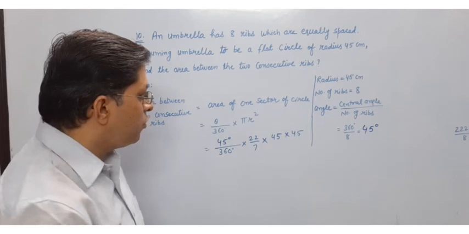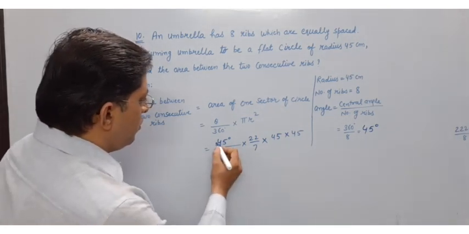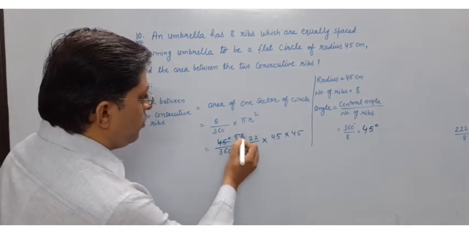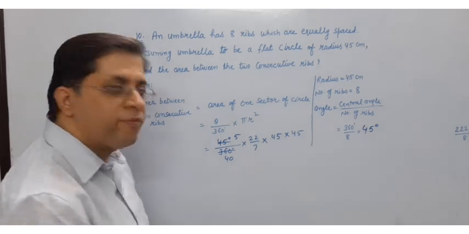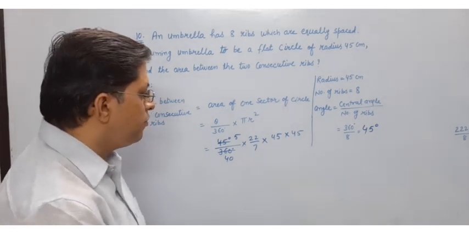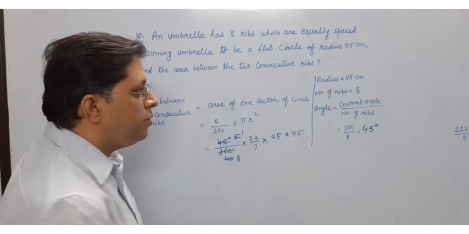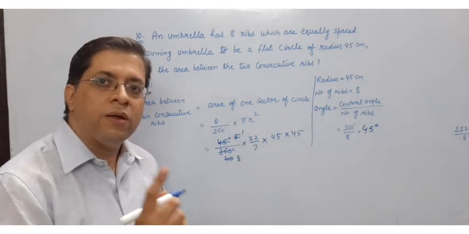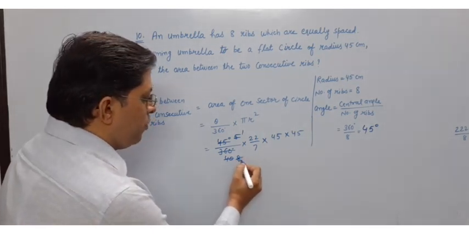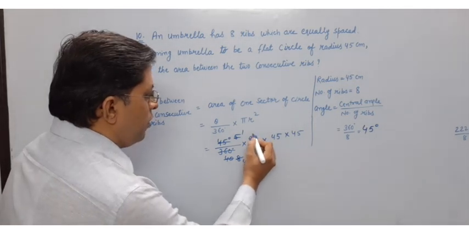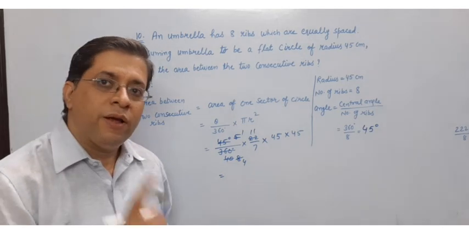Then see here, 9 5s are 45, 9 4s are 36. 5 8s are 40. Then what to do? By 2, by 2 here. 2 4s are 8, and here is 11, 45 into 45, 45 square.